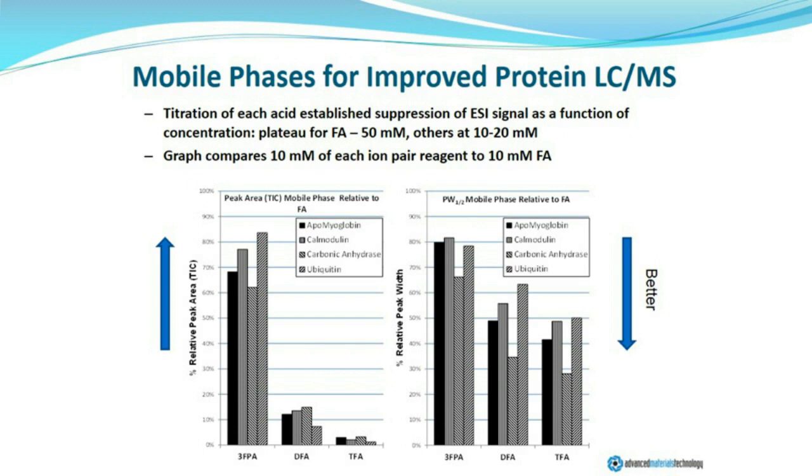If we look at the right-hand side, where I've labeled it better towards the bottom, this is peak width, in other words, chromatographic performance. It is best with trifluoroacetic acid and very nearly equivalent or more similar with difluoroacetic acid. So the conclusion here is that we see some of the same characteristics that we observed for peptide separations. In other words, we have to give away something, which is some ionization intensity, in order to improve the chromatographic part of the equation.